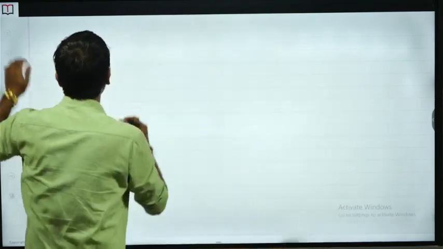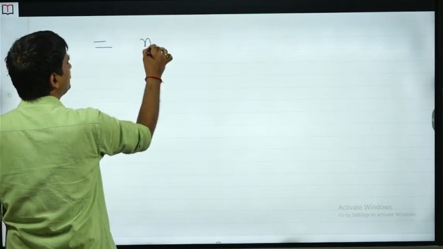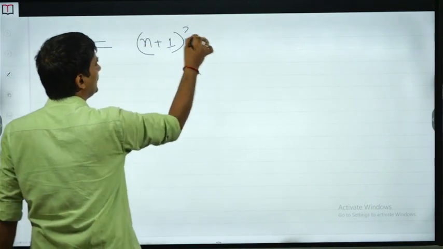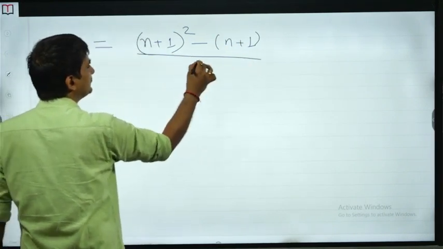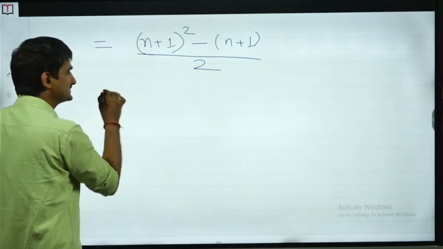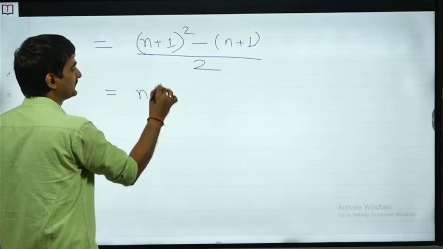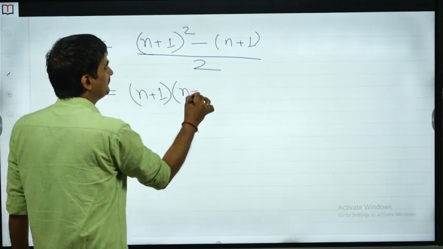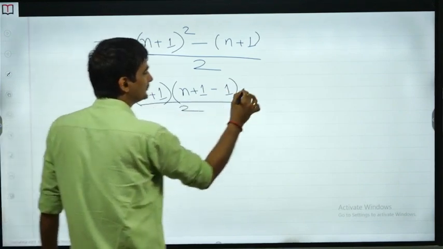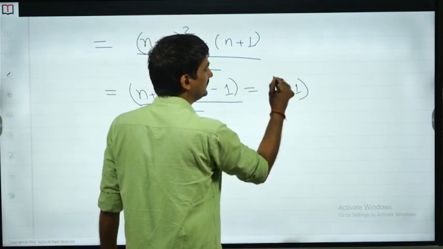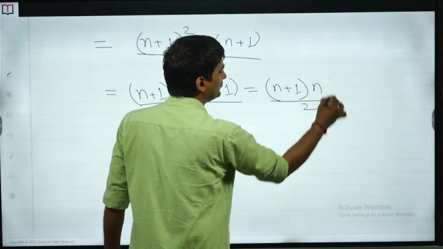They will be equal to n plus 1 whole square, remove the diagonal elements from all elements and divide by 2. Now just simplify it. You take n plus 1 common, it is n plus 1 minus 1 by 2. So it's n plus 1 into n by 2.